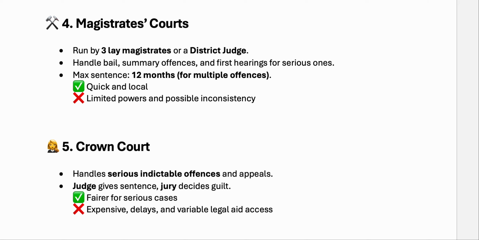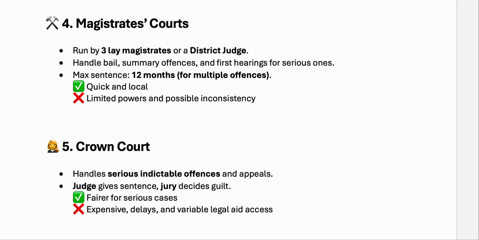They're also going to handle bail, and then they send the most serious cases up to the Crown Court. So these courts are quick, they're local, that helps keep things efficient, keeps things moving. But people worry about them not always being consistent, and maybe about them also having rather limited powers.